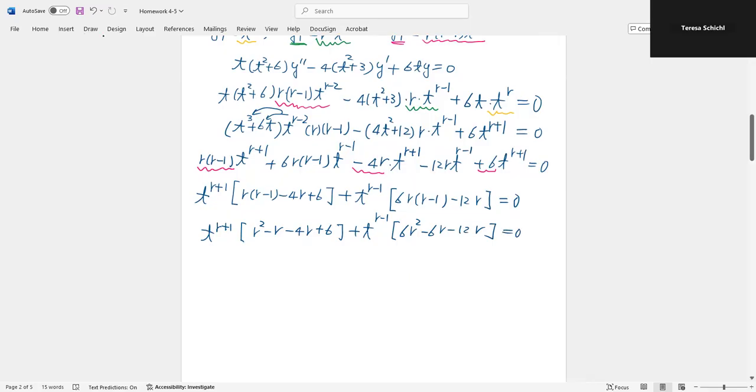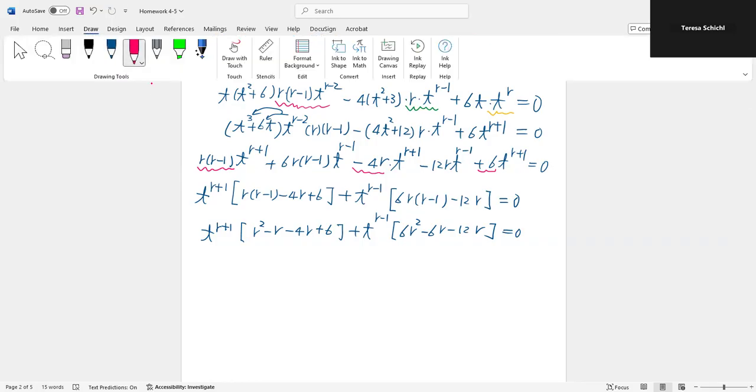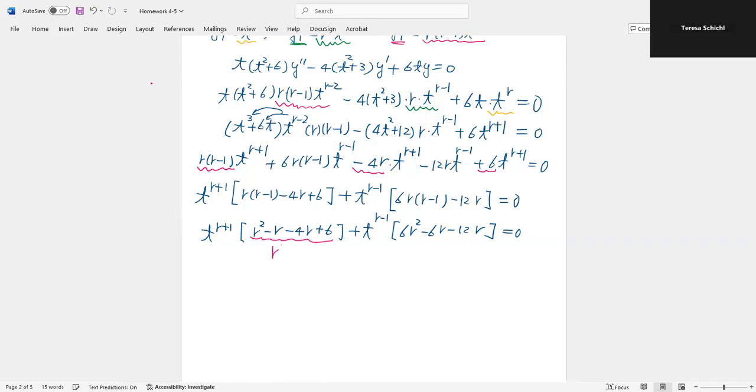Okay, so this first one turns out to be r squared minus 5r plus 6, and I can factor it into r minus 2 times r minus 3.